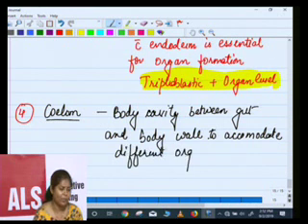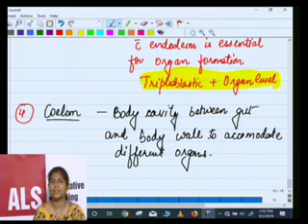Your kidneys, heart, lungs, pancreas and liver are all placed in the coelom. So coelom is a structure that gives additional space to accommodate many organs, which is not present in those animals which don't have a coelom. Let's quickly refer to this. I'll send you the image.